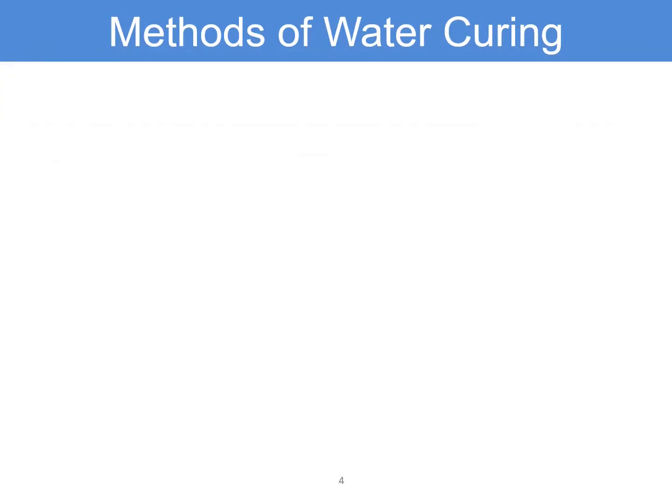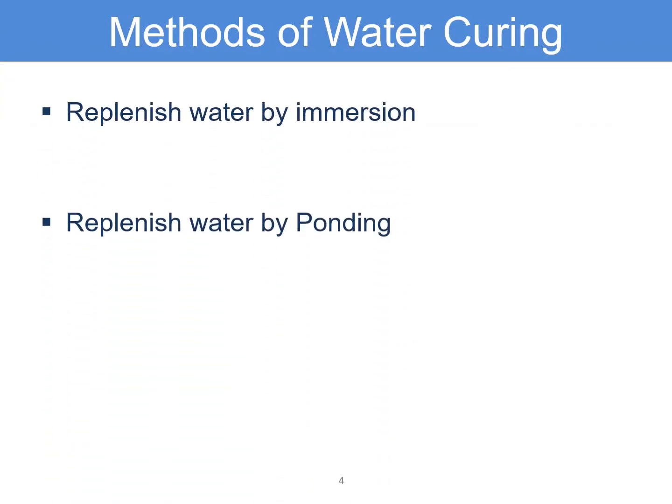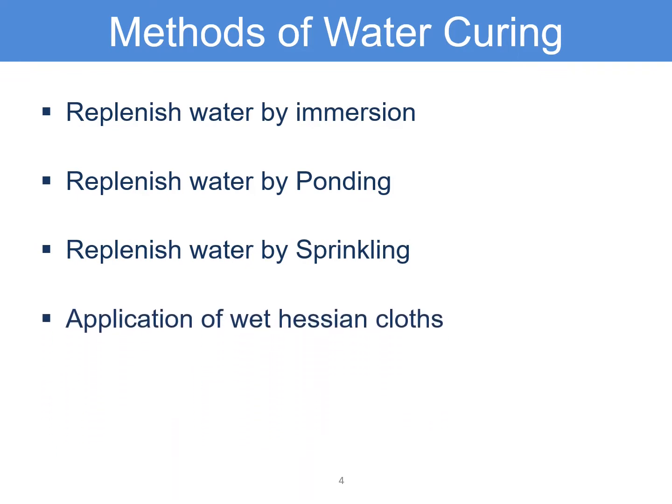Different methods of water curing, if you see, one is replenishing water by immersion, which is generally used in the laboratories where you immerse the cube molds in the curing tank. Second is replenishing water by ponding.